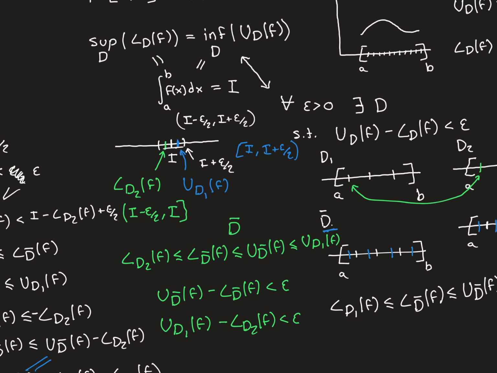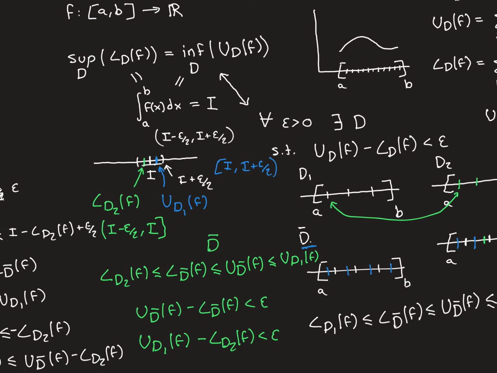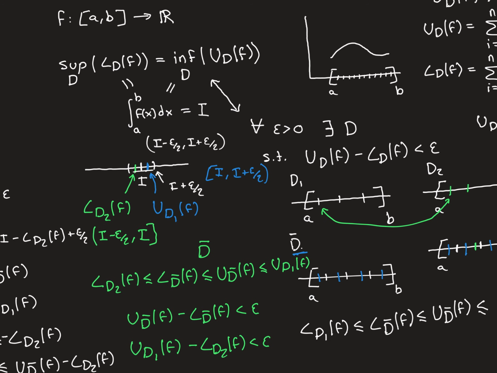Now, I made no assumptions about what that epsilon was other than it was greater than 0, so you can actually carry that argument out. It will work no matter what epsilon you pick that was greater than 0. So it is true that for all epsilon greater than 0, you can find a dissection in this way such that this inequality holds true. So if the function is Riemann integrable, then yes, the Riemann integrability criterion holds true. We have proven the forward direction here.